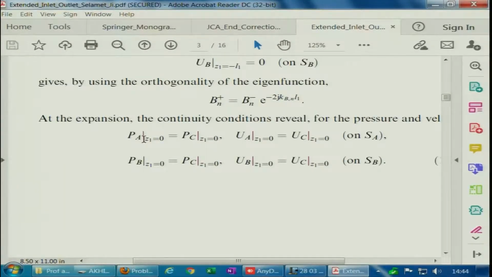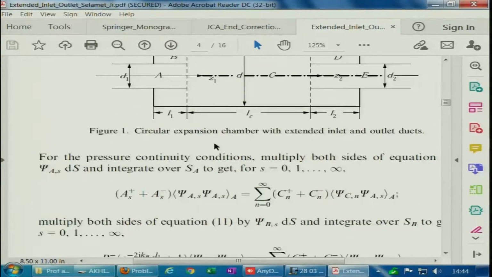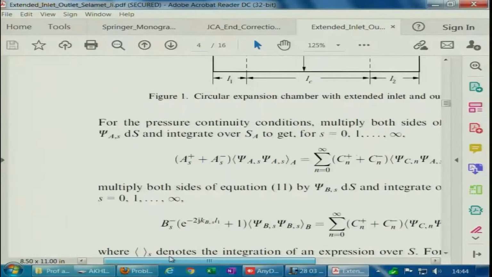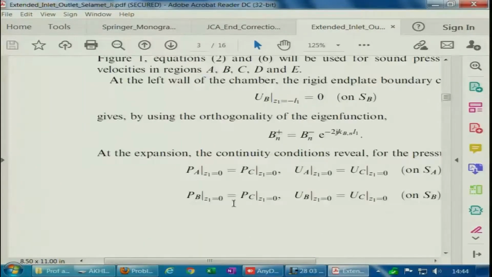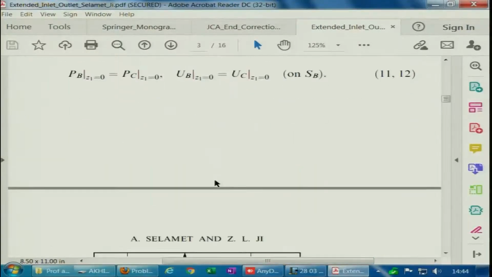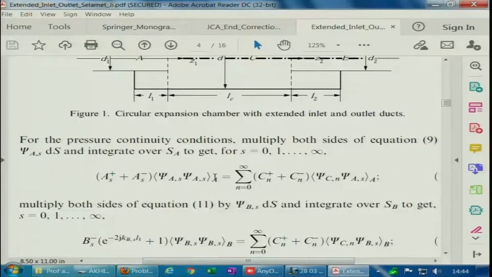Well, we expand PA and PC in the modal summation solutions that we have just got, and, as Selamet and Lee mentioned, for the pressure continuity condition, multiply both sides of equation 9, which is basically the first one, and equation 10 is this, then 11, 12. Equation 9 is multiplied by the modal function psi_as for the duct, and again mode orthogonality will apply.